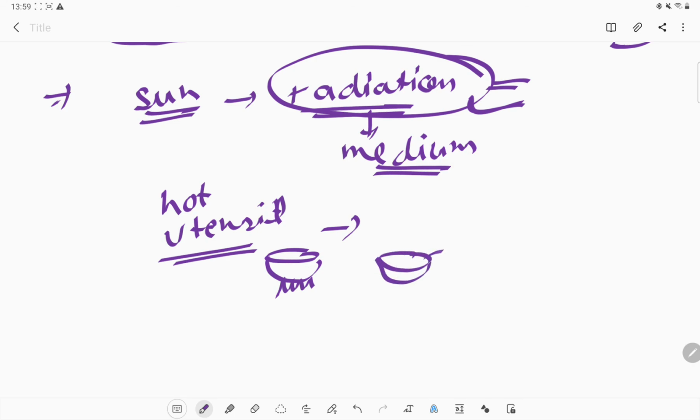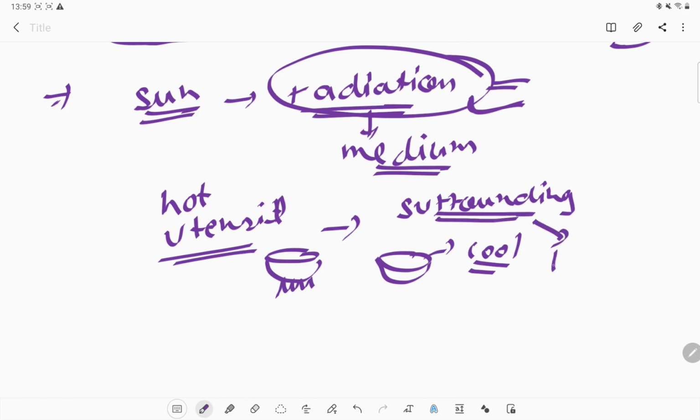After some time you will feel that this beaker will become cool. How does it become cool? Because it transfers its heat to the surrounding area. Okay, and by which process is it going? It will go by the process which is known as radiation. Through radiation it will transfer from the utensil to the surrounding area.